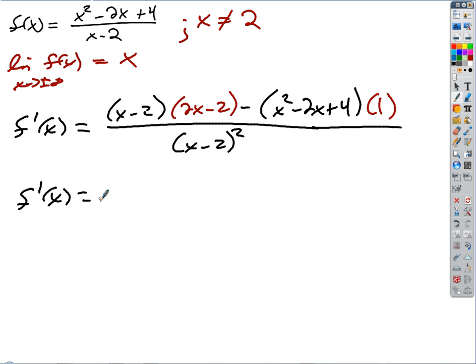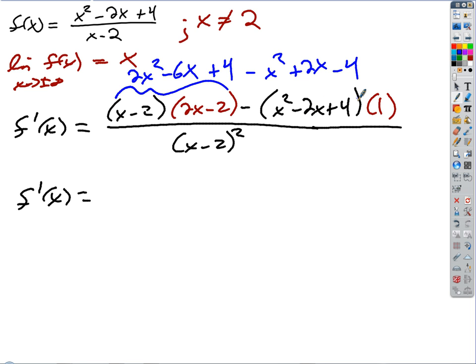Let's see, on the top, if we FOIL this out, what's this gonna give us? 2x squared minus 2x minus 4x, right? Minus this, so minus x squared if we distribute the minus sign, plus 2x minus 4.